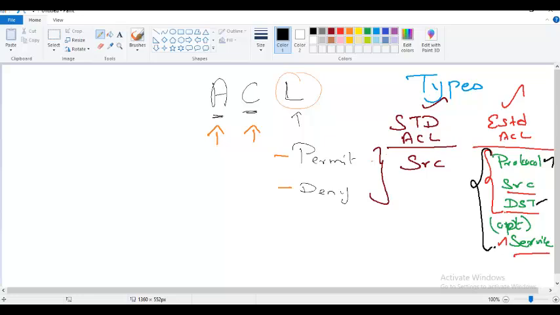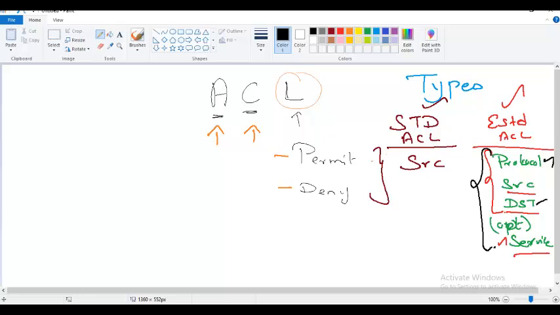You want source plus something, then you need extended access list. Sometimes you may not be worried about source. You want to focus on the destination and the protocol. Even then, you have extended access list. Other than source, anything else you want to add, you need extended access list. All right.